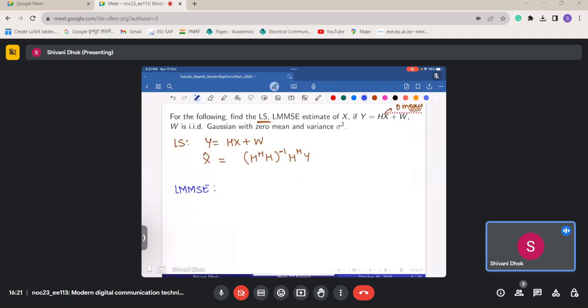We need to find x hat, so this will be the expectation of x plus h into rxx multiplied by h rxx h Hermitian plus rw inverse multiplied by y minus h times the expectation of x.